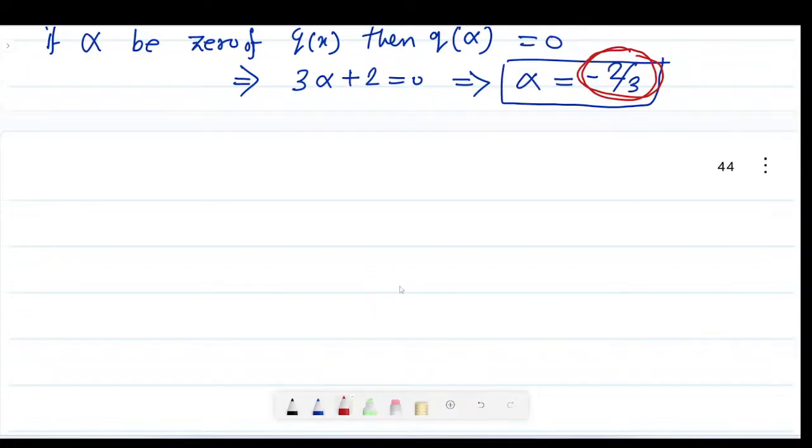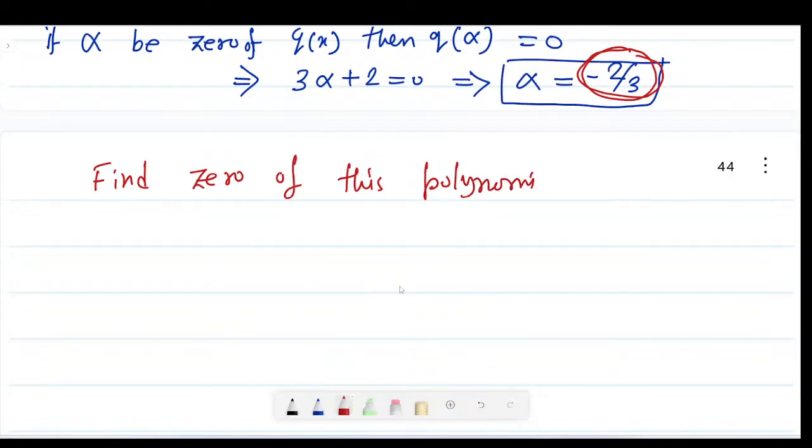Next is find zero of this polynomial, and the polynomial is p of x equals ax plus b. Okay.